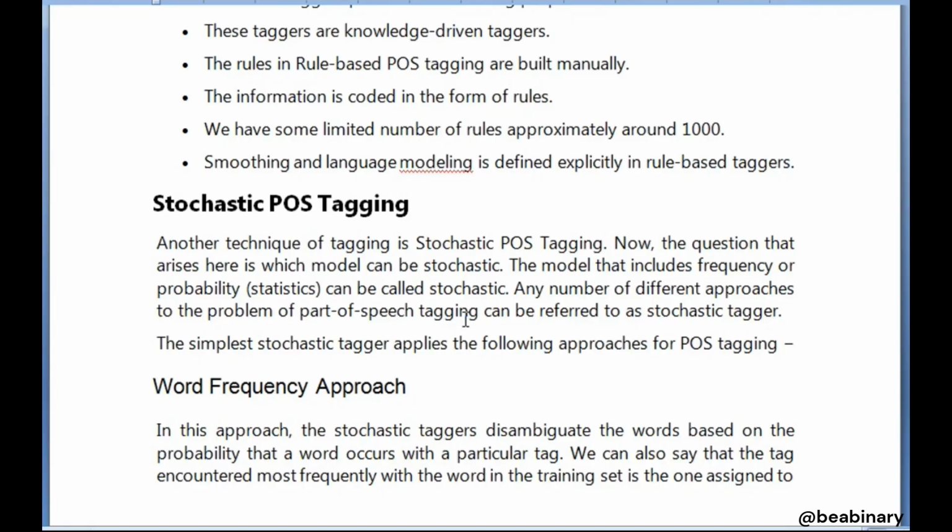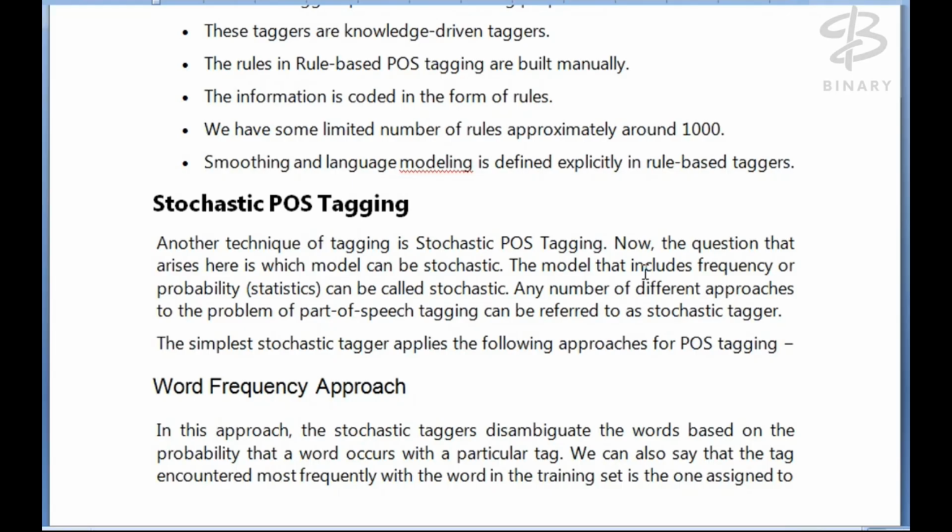Rules are there, but a model that includes frequency or probability, that is statistics, that we have seen, and then we apply handwritten rules for those ambiguous tags. So here stochastic is basically used if any tag is used frequently, or its probability, a statistic, can be called stochastic.